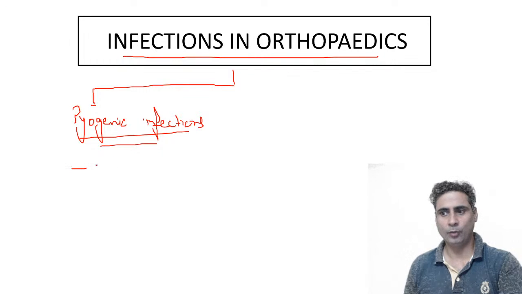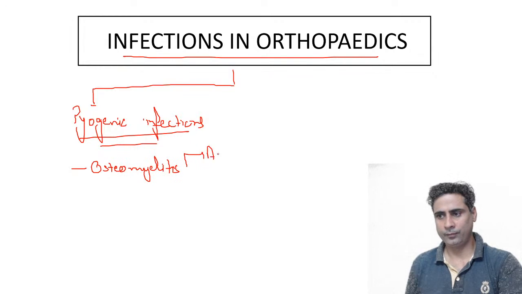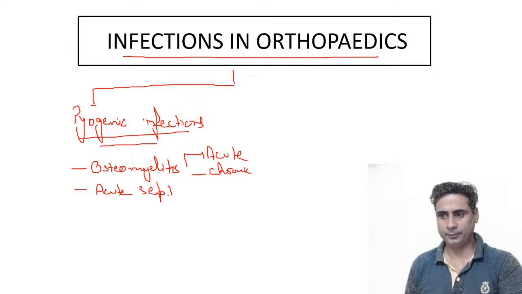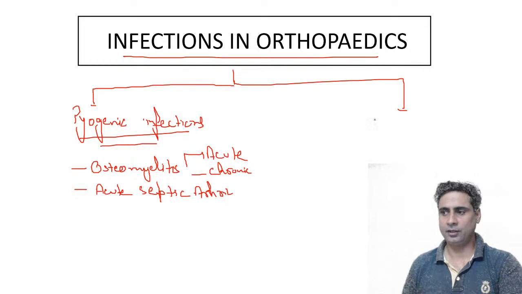They can infect the bone, osteomyelitis, which can be acute or chronic, or they can affect the joint. So acute septic arthritis. Now the second types of infections important in orthopedics are tubercular infections.